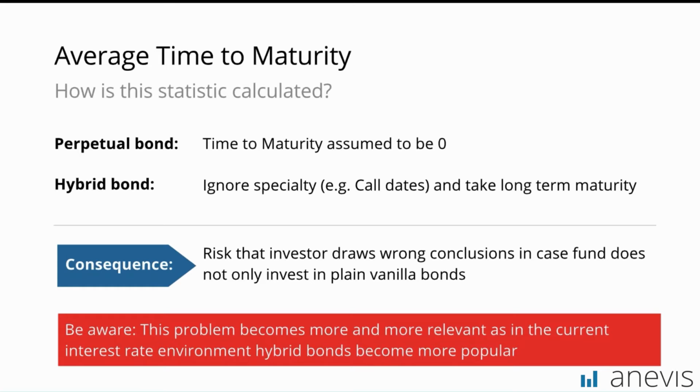There's a huge spread between equity valuations and bond valuations, and this makes it quite attractive for corporates to issue hybrid debt. And this makes it much more relevant than it was in the past to look at these figures and how we actually calculate them.